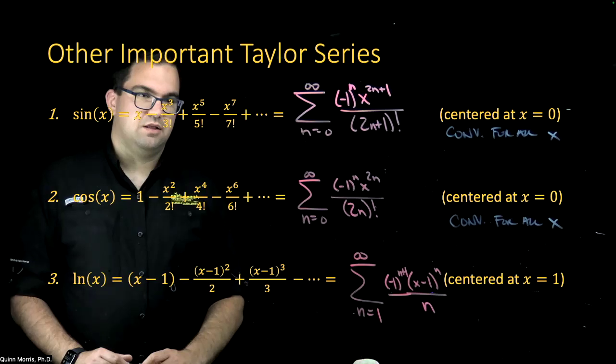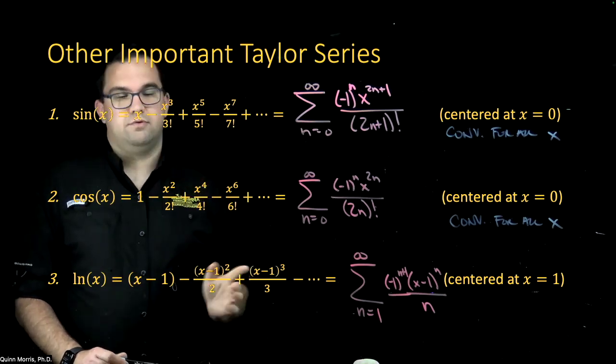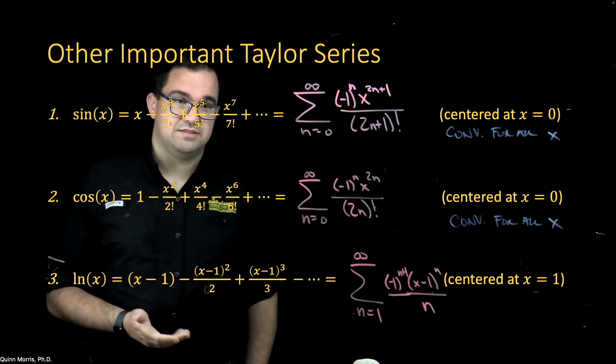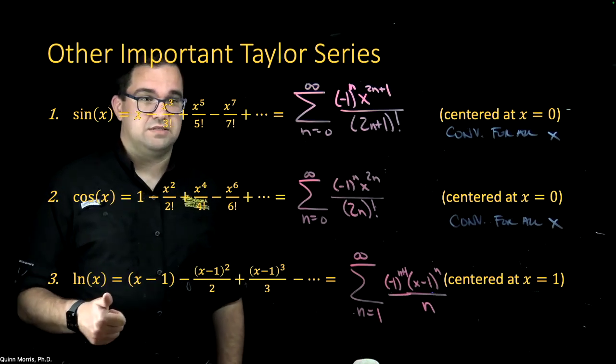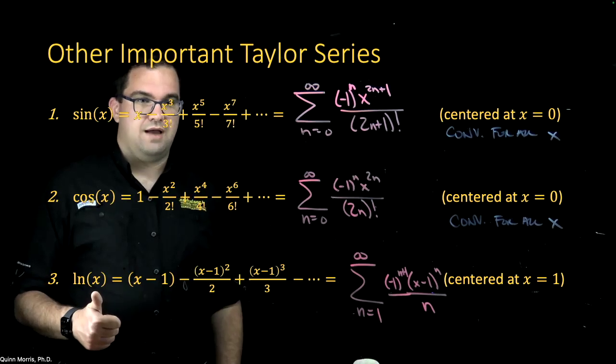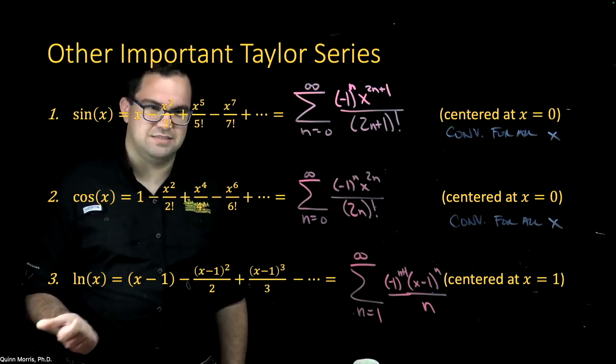This one is a little bit different. You shouldn't be surprised that the radius of convergence is not infinite, because this is centered at 1, but this is undefined at 0. So you really don't expect this to converge past 0.